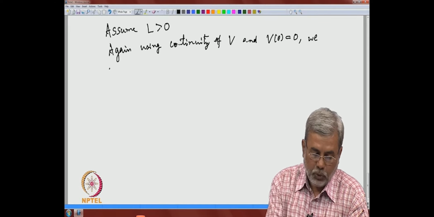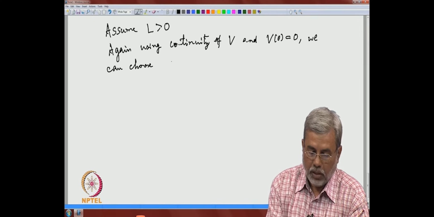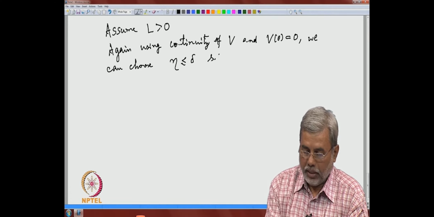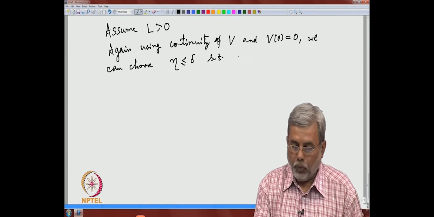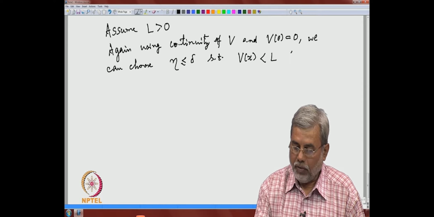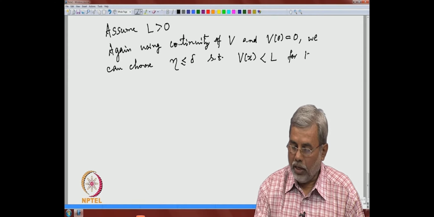We can choose eta less than or equal to delta such that V of x will be strictly less than L for mod x less than or equal to eta.